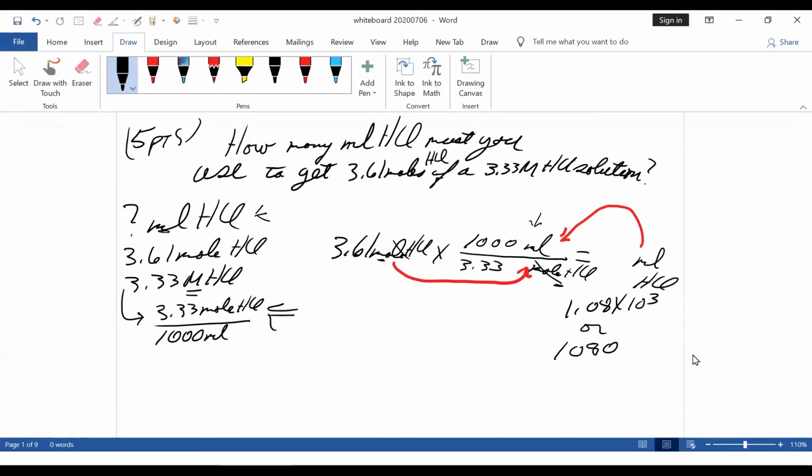And either one would be the correct way. Now, it turns out molarity is a very useful concept. As you just saw, if I needed so many moles for a reaction, and I had a certain molar solution already made up in a tank or a drum or in a bottle, I could just measure out a certain volume.